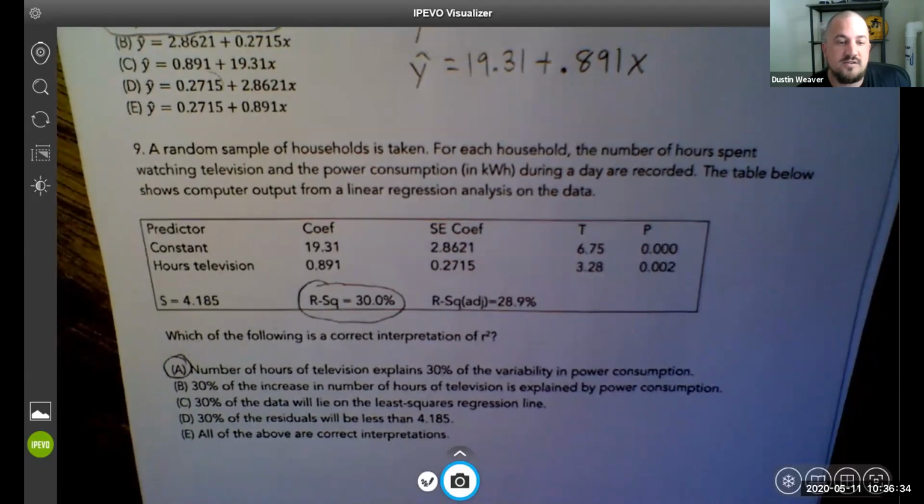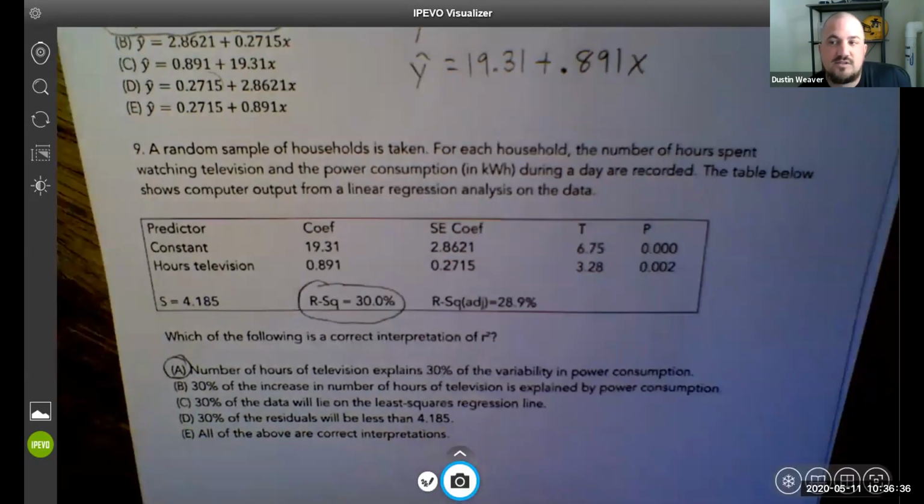So we want our R squared to be really high to show that this variable is explaining the other variable. But if our R squared's not, then it means something else explains it. So we can't just use our prediction as well. We won't have a good prediction because there are other things that explain the changes other than our X value.